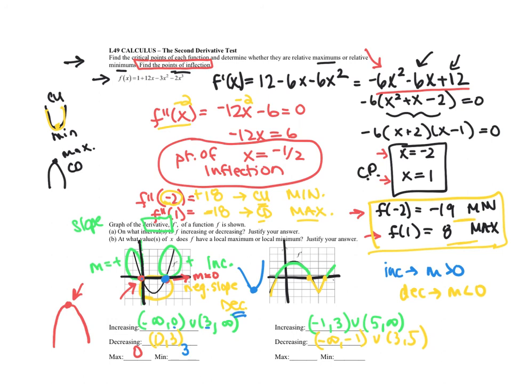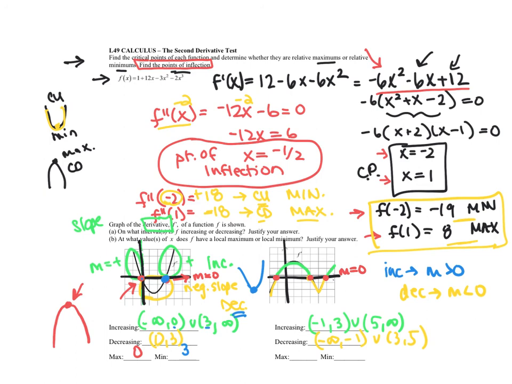Now, at those 0 values, so at this point and this point, the slope is equal to 0 because it's on the x-axis. So those are going to be either maximums or minimums. So again, we have to think about what this graph would look like if we were graphing the original function.